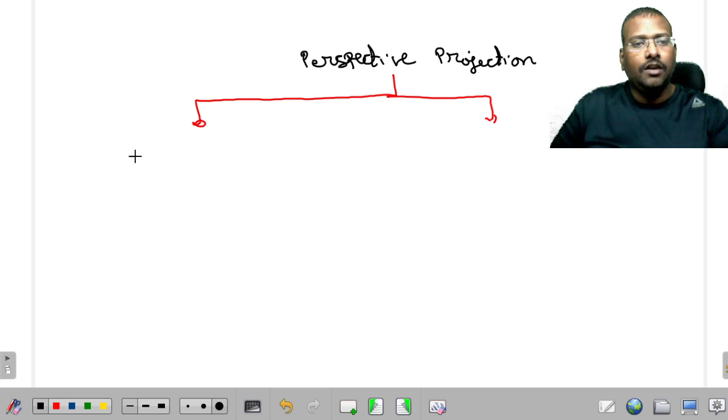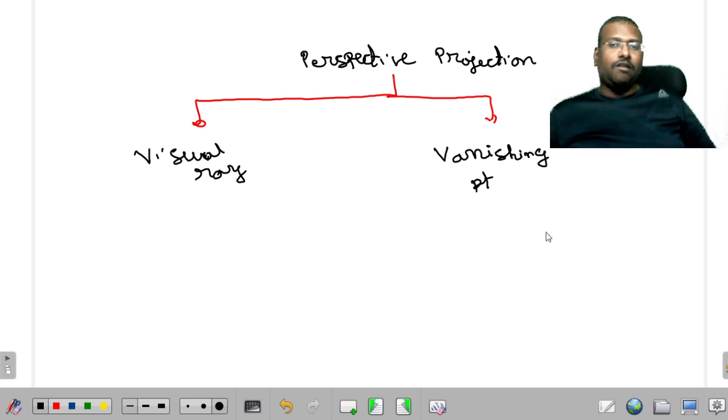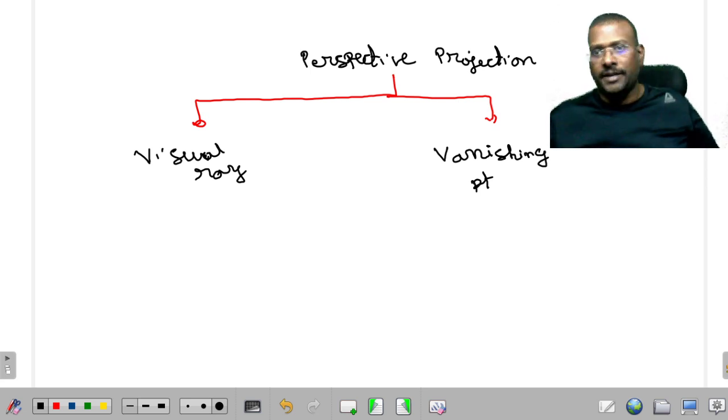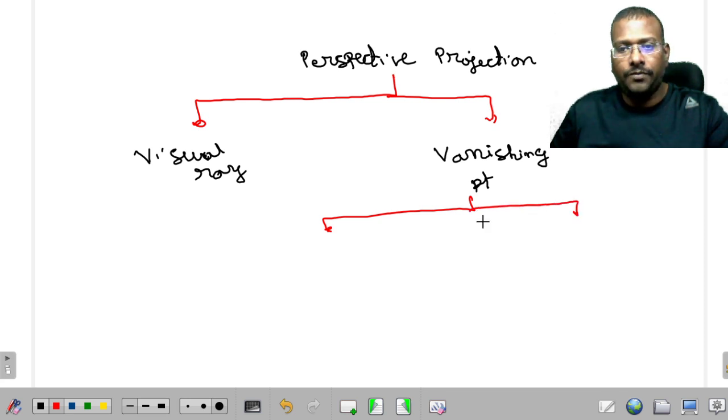First one is the visual ray method. Another one is the vanishing point method. It is not vanishing method, it is vanishing point method. In the vanishing point method, again there are three types.